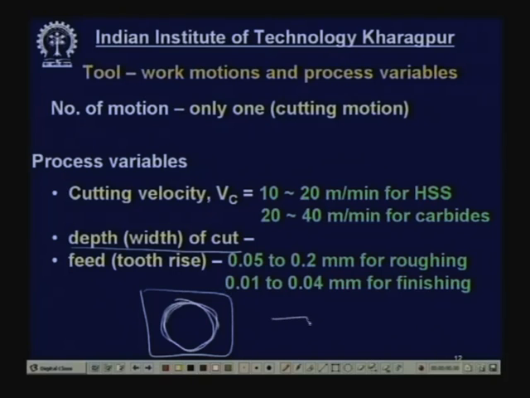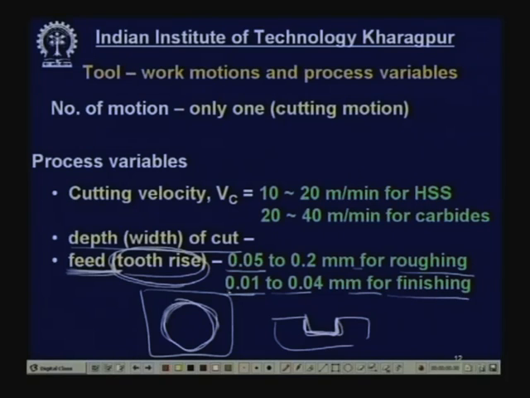If you want to make a slot like this, then this total length is the width of cut. But what is feed? In machining like turning we call it feed, but in broaching it is called tooth rise. It is inbuilt into the teeth, which will be 0.05 to 0.2 millimeter only for roughing, and 0.01 to 0.04 millimeter, that is 10 micron to 40 micron, only for finishing work. It can be even lesser.